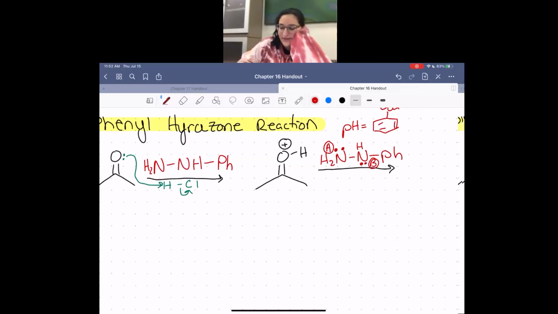Yes, I totally agree. So I want you guys to keep this in mind. This nitrogen in the middle is much too sterically hindered. There's too much stuff going on. It cannot be the nucleophile. This one has to be. So we're going to attack.